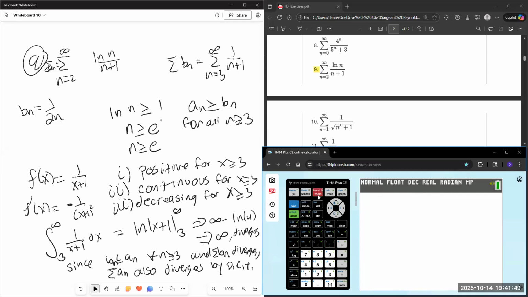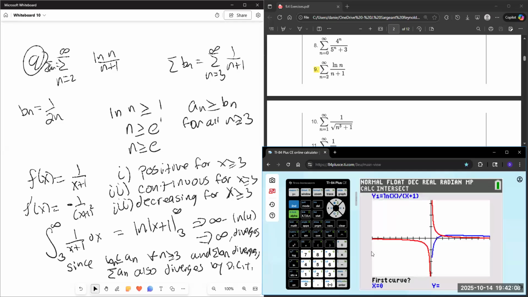And then I want to zoom 6, and I want to see if, zoom 0 here, second calc, intersect of blue and red. Somewhere right around there, 2.0 something.